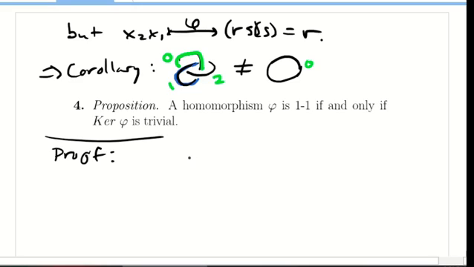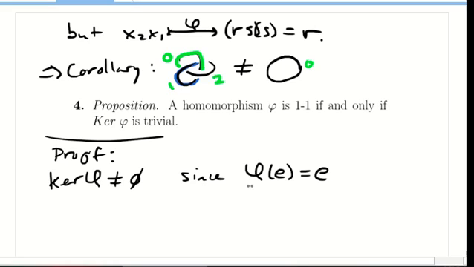In other words, the kernel is equal to the identity only. We know that the kernel of phi is non-empty, since any homomorphism is going to map the identity to itself.